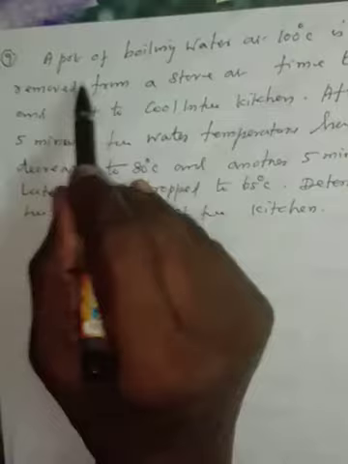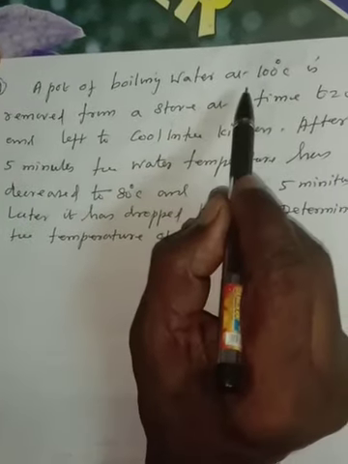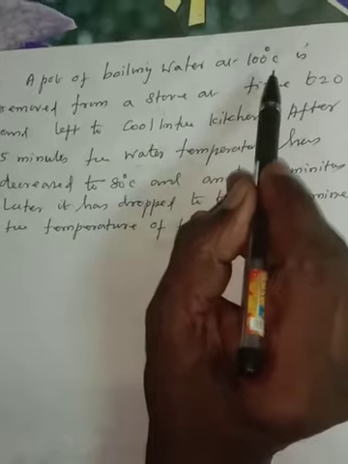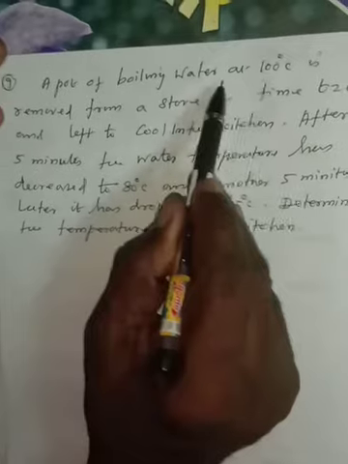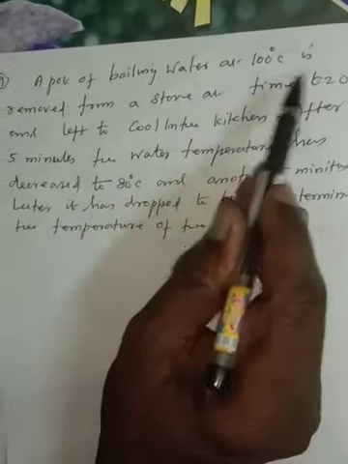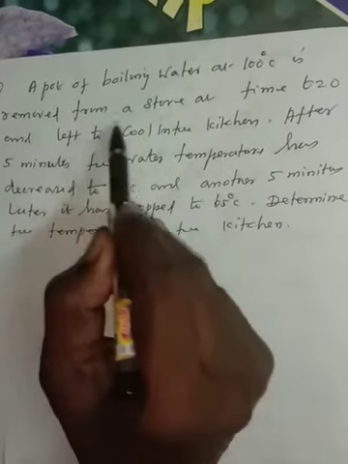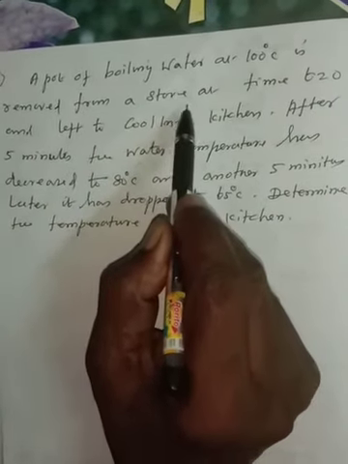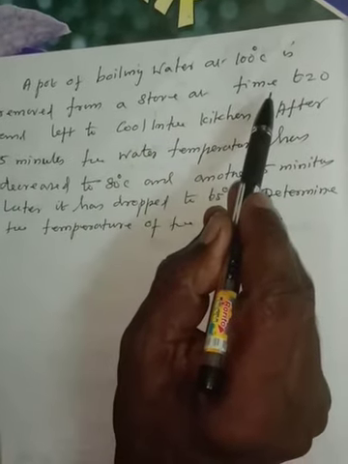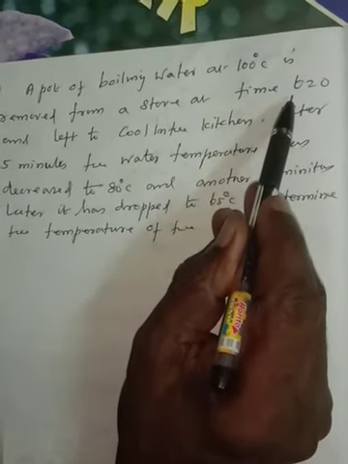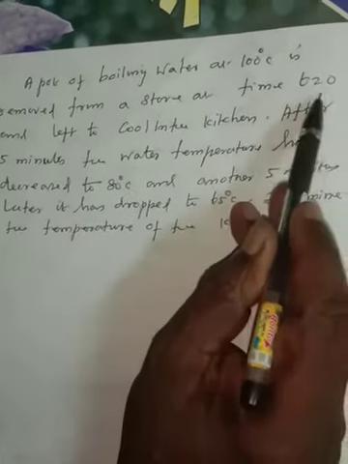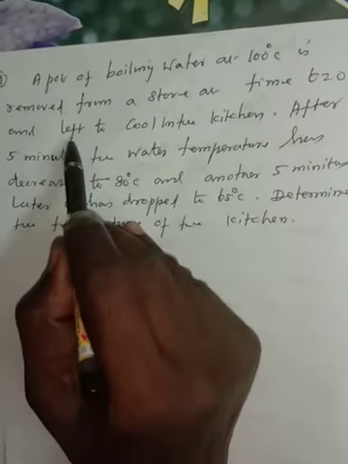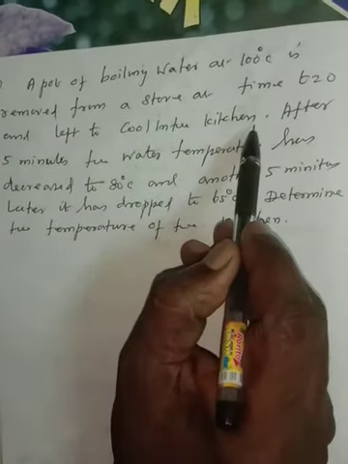Hence the result. A pot of boiling water at 100 degree centigrade is removed from the stove at time t is equal to 0 and left to cool in a kitchen.